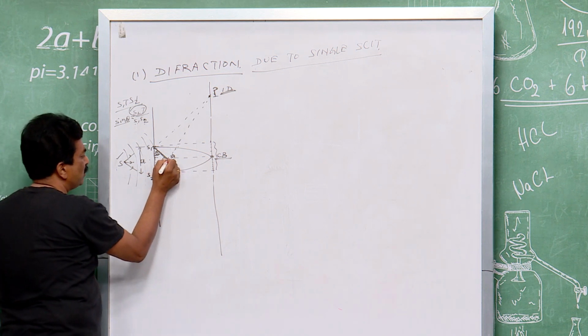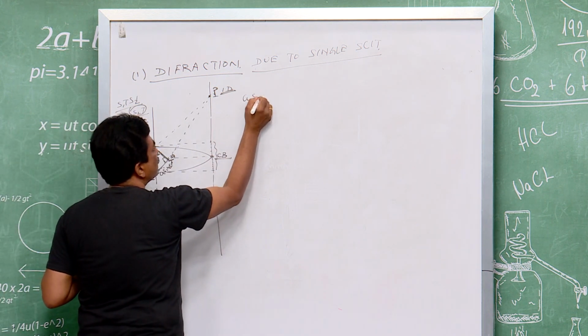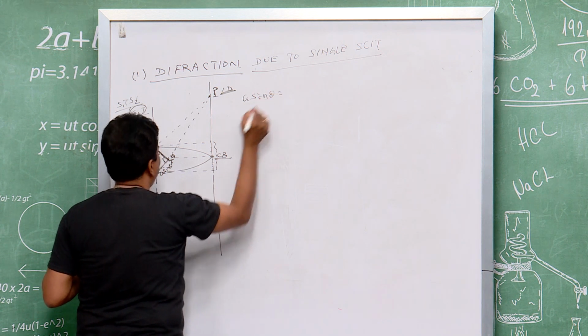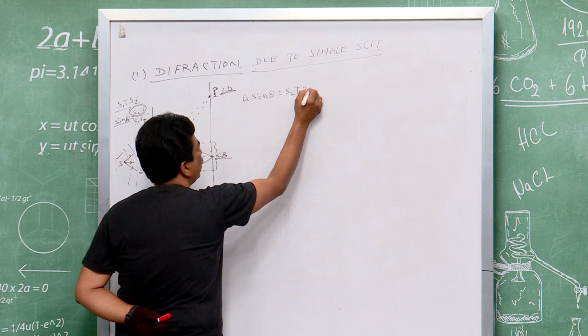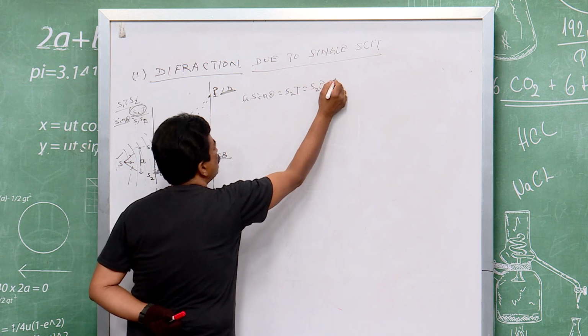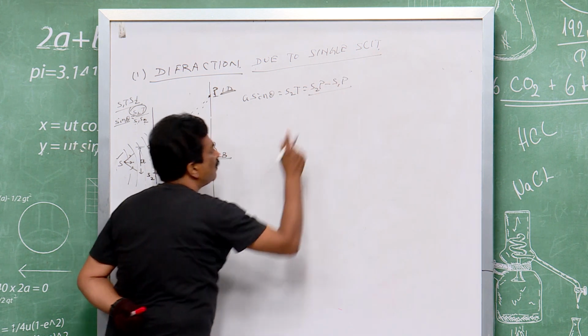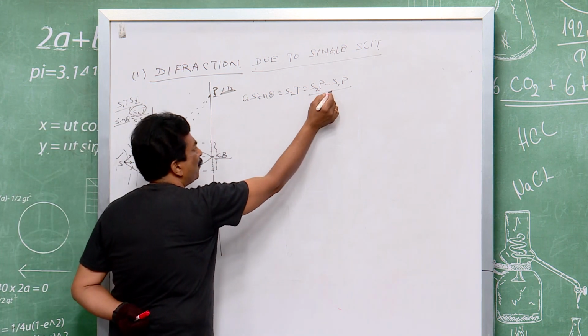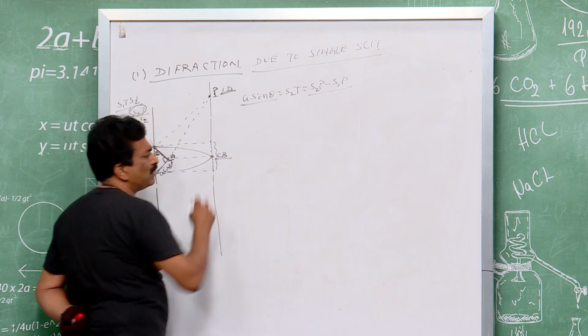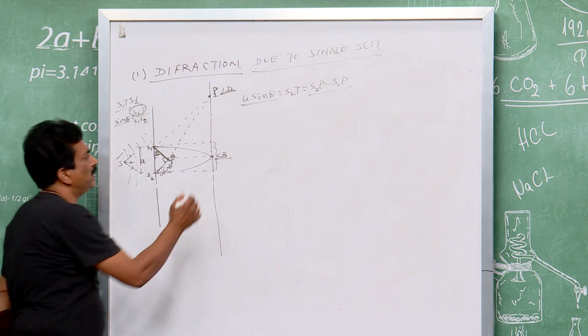So A sin theta is equal to S2T, that is equal to S2P minus S1P. So S2P minus S1P is what? The path difference, and that path difference is equal to A sin theta.